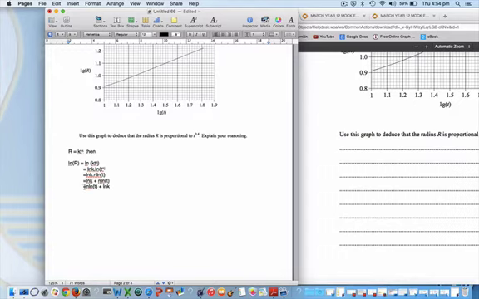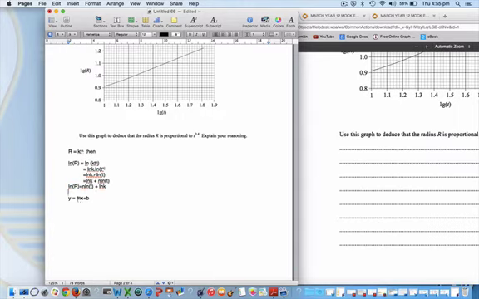We have the whole formula becoming log of r equals n log t plus log of k, and that kind of looks like y equals mx plus b. It's of the form y equals mx plus b. In other words, our y-axis is log of r, and our x-axis is log of t.